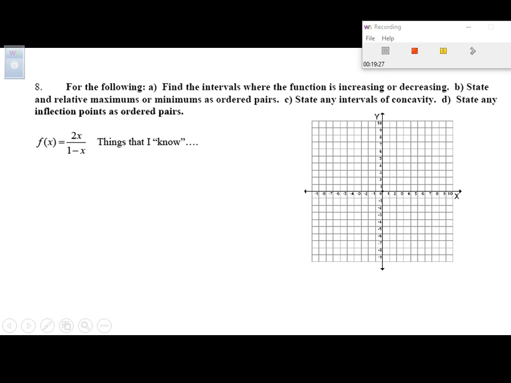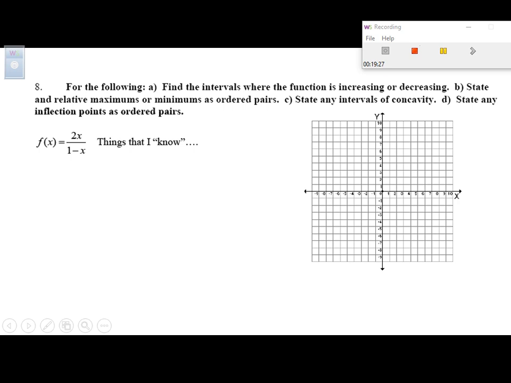Now, before I start with number 8, here are some things that I know. We're going to find increasing and decreasing, relative maxes, relative mins if there are any, intervals of concavity, and inflection points if there are any.